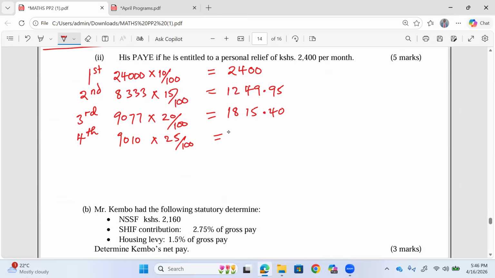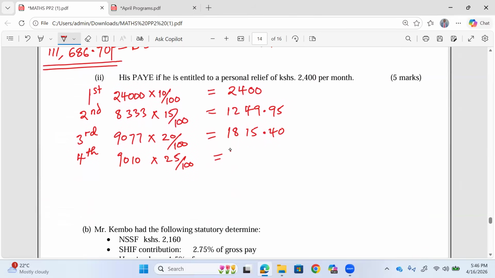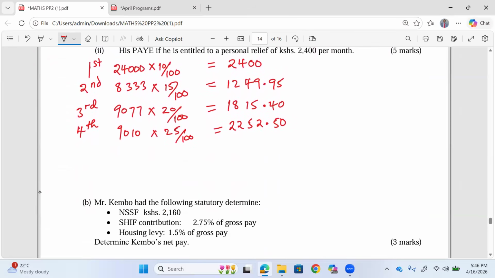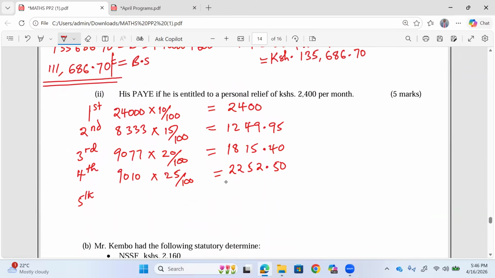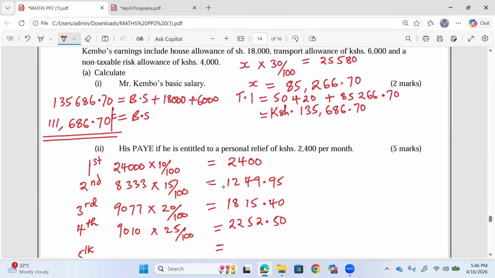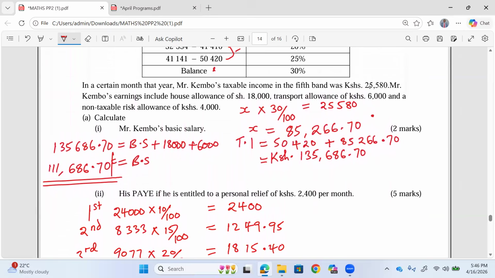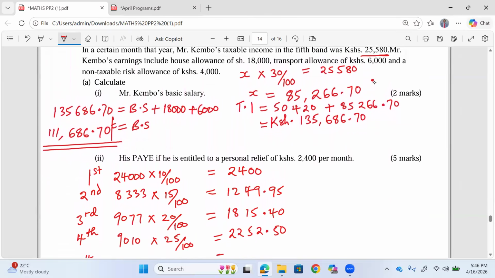So the tax here at the rate of 25% shall be 2,252.50. Then in the fifth bracket, we don't need to work it out. There we are taxing this amount at the rate of 30% to give us the tax in the fifth, which is 25,580.